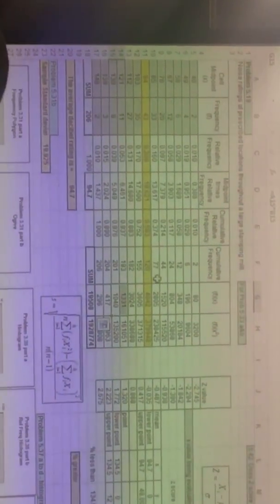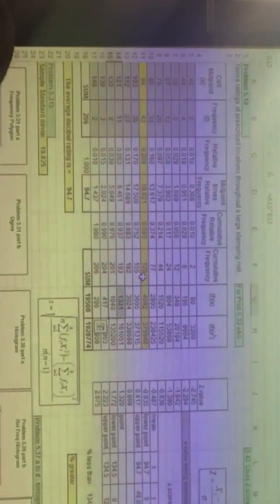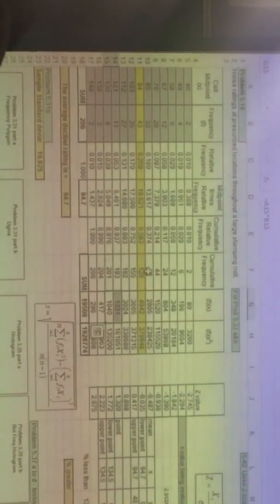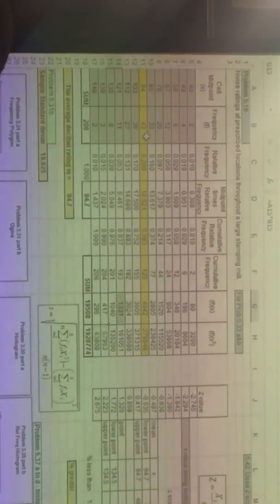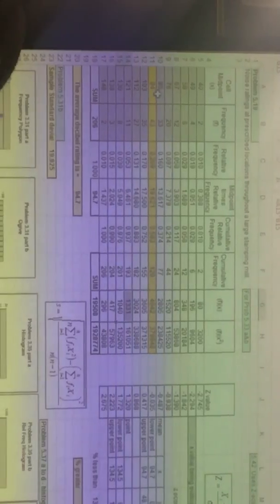And then the cumulative frequency is helpful because if I'm looking for the midpoint, it's going to be halfway, it's going to be the 103rd. So that midpoint is going to be in this bar. There's 77 at 85 and below.